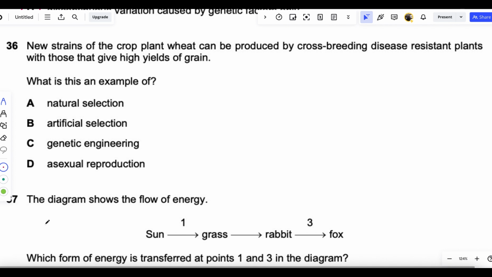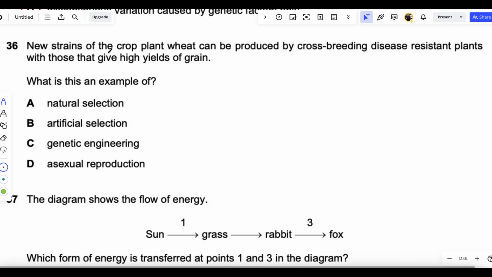Now, what is an example of this? To crossbreed a crop plant with a high-yield one, it's not natural selection, because you are doing the crossbreeding.